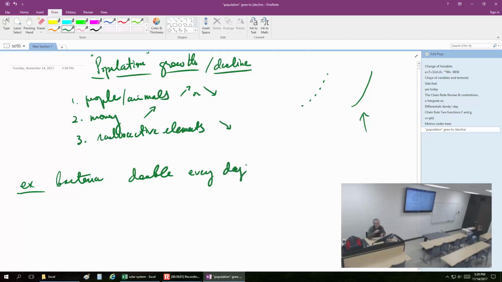So you can imagine that the adult life of a bacteria is 1 day, and at the end of the day it divides in 2, and you have 2, and they grow again and divide in 2. So if you start with, let's say, 10, then you go on to 20, 40, 80.